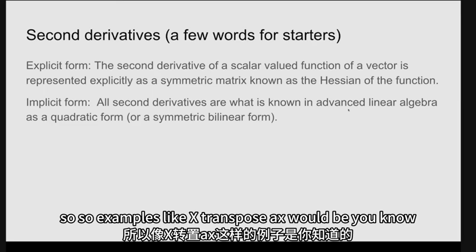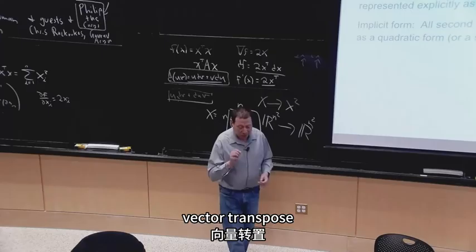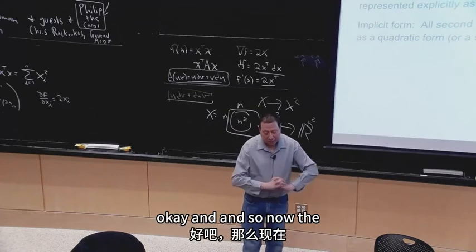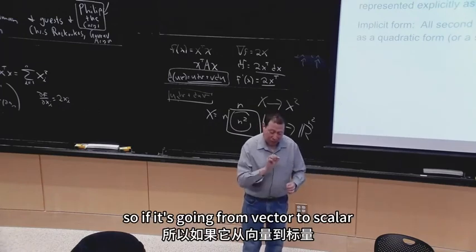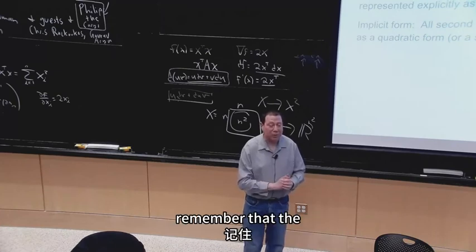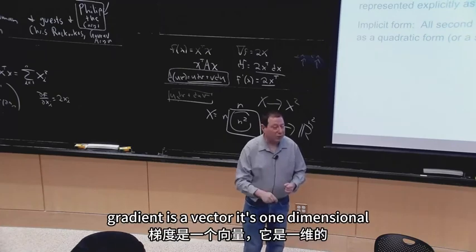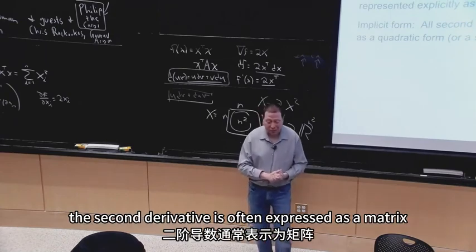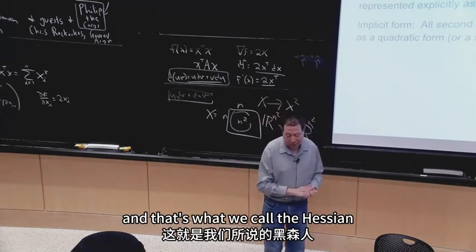Examples like x transpose Ax would be vector transpose matrix times vector as a function of the vector, okay? So if it's going from vector to scalar, remember that the gradient is a vector, but the second derivative is often expressed as a matrix, and that's what we call the Hessian.